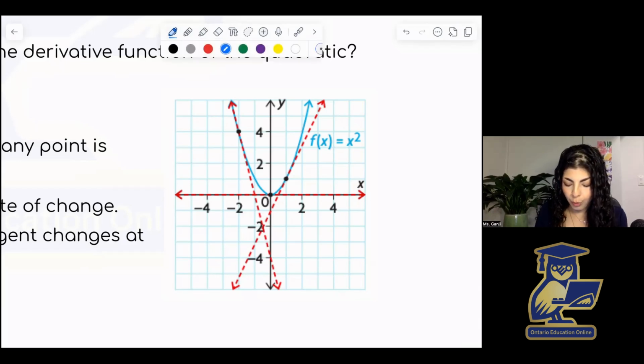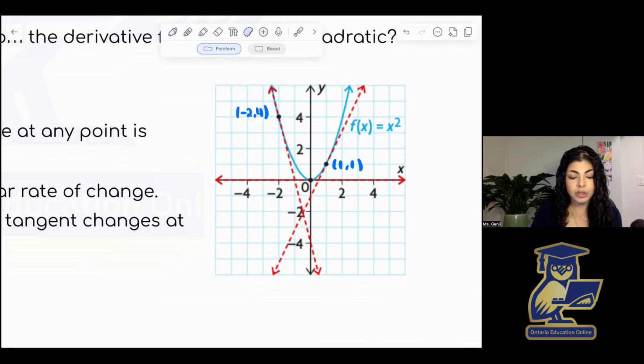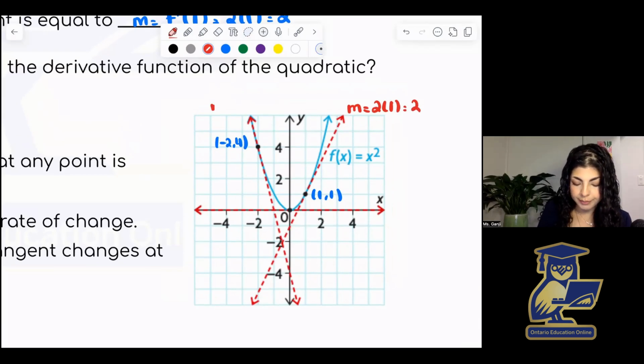Now, I've given you 2 points. Here is 1, 1, and we have here -2, 4. And the slope of the derivative at these points is given by, so in this case, m is 2. And in this one, we have m.